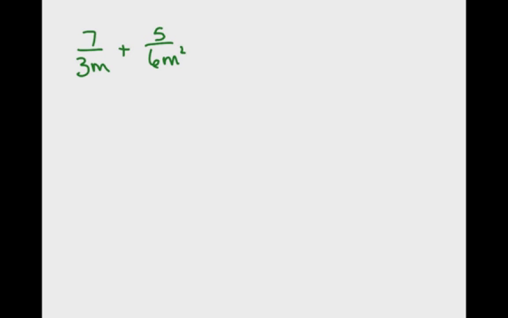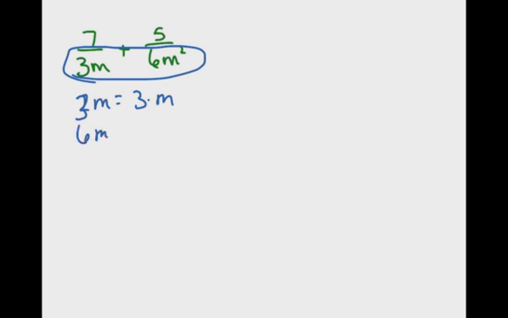Alright, now let's get on to adding and subtracting our rational expressions. We have 7 over 3m plus 5 over 6m squared. So if we look at our denominators, they are not the same. Now 3m equals 3 times m, and 6m squared equals 2 times 3 times m times m.